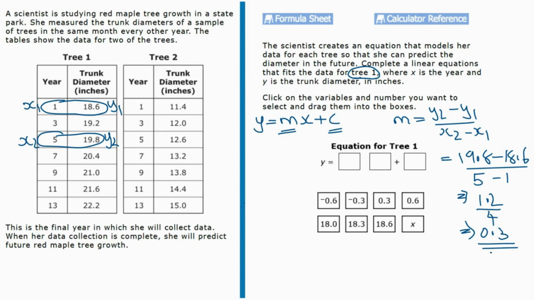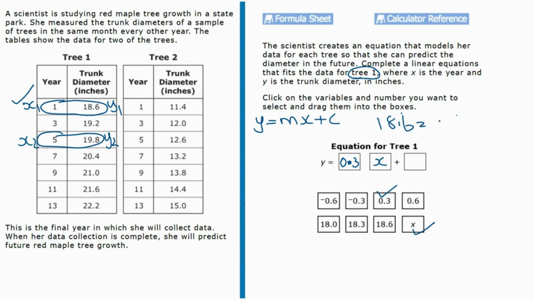Now what is left is the y-intercept. To find the y-intercept, I'm going to use one of the coordinates here. So let's choose this coordinate and put it in this equation, y is equal to mx plus c, including the slope value. So y will be this y value here, that is 18.6 is equal to, slope is going to be 0.3, so 0.3 times 1 plus c.